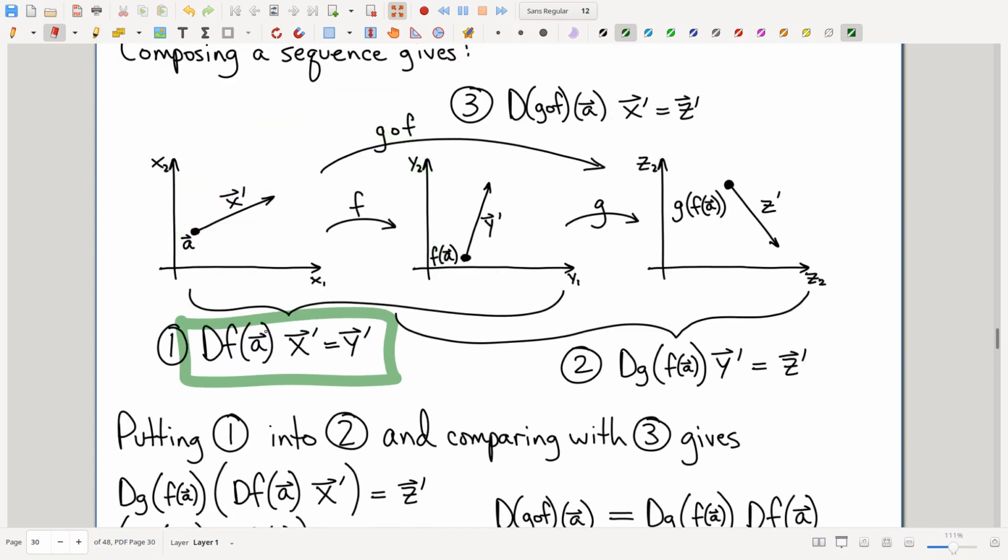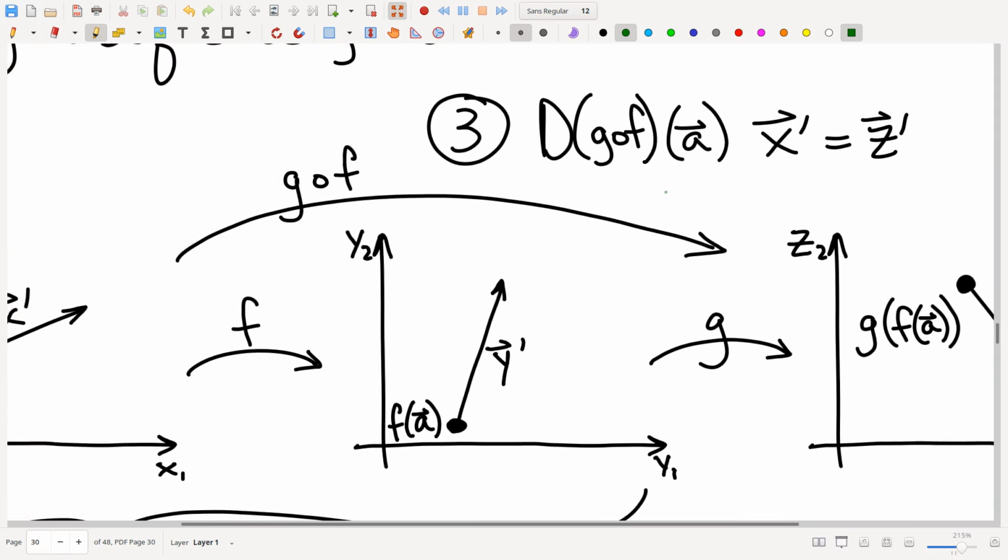Second thing, and this is a frustration, and I'm sorry about this. This used to really bother me. Notice in my sequence of functions here, f is on the left and g is on the right.